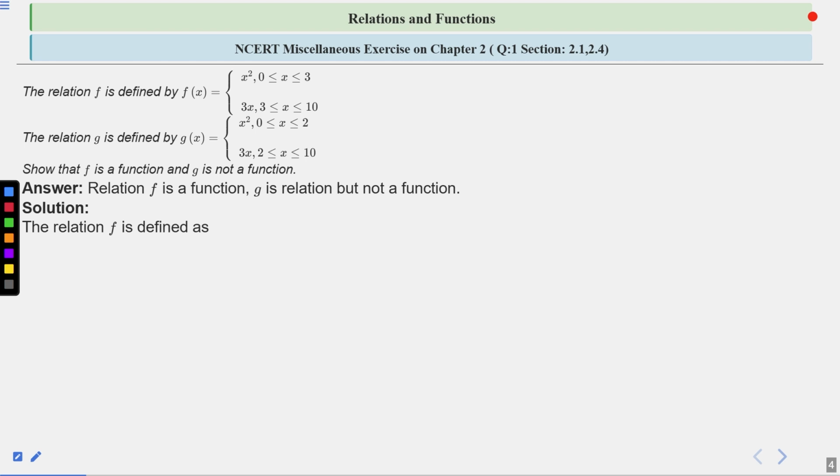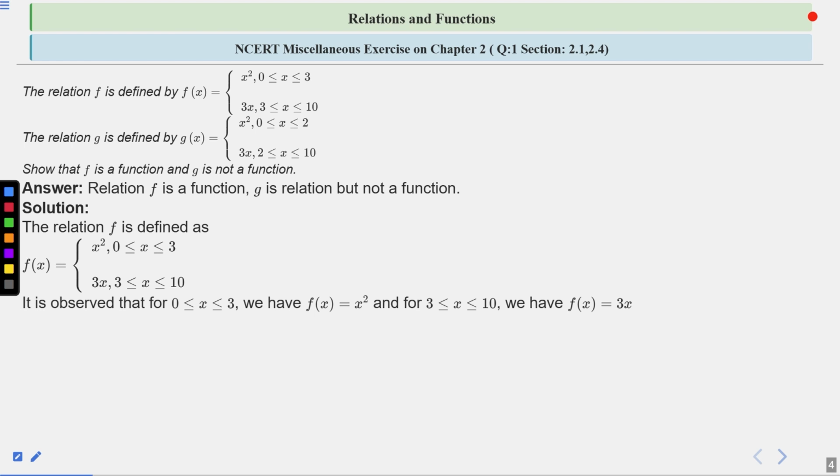Relation f is defined as f(x) = x² when x is greater than or equal to 0 and less than or equal to 3, and f(x) = 3x when x is greater than or equal to 3 and less than or equal to 10. So you can easily observe that for any x input, the domain set is the same as the input set.